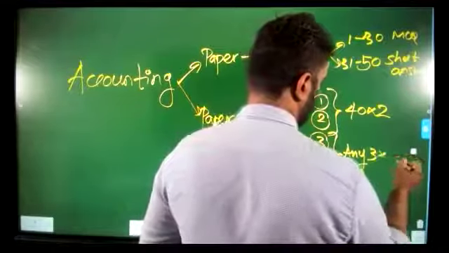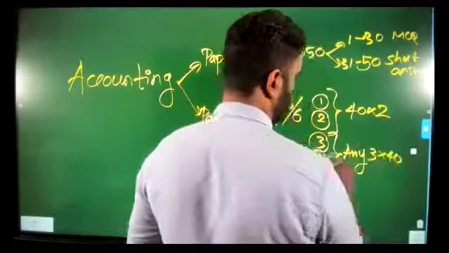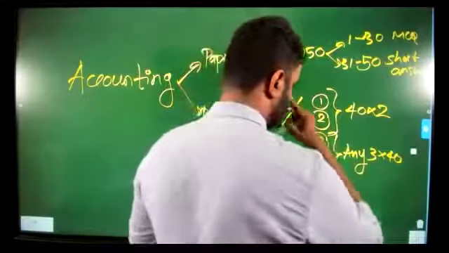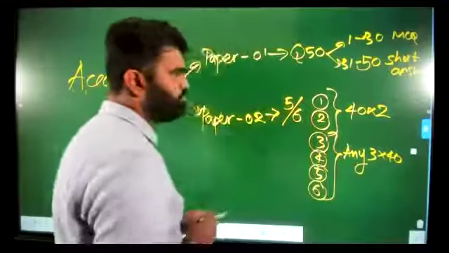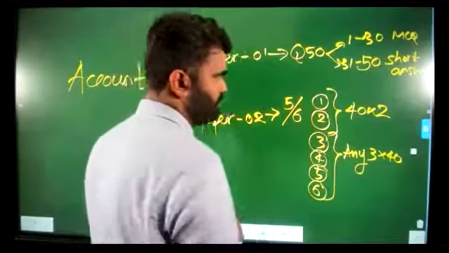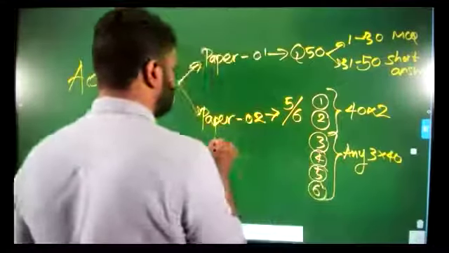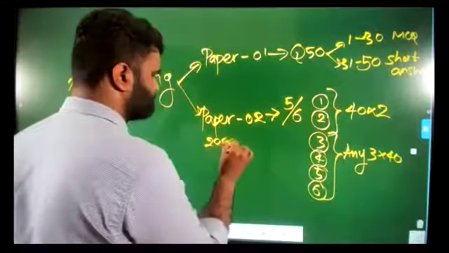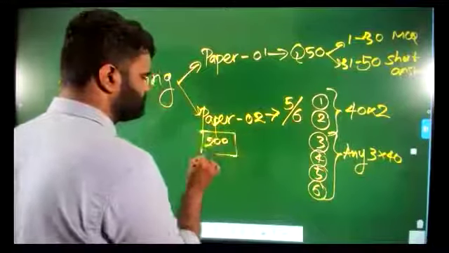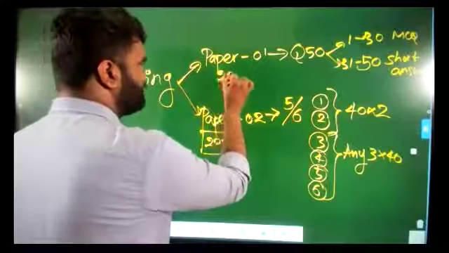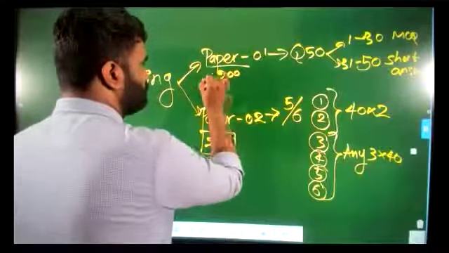Any 3 questions into 40, 120. So total 200 marks are given for this, for a 3 hours paper. You can have another 200 marks for the 2 hours paper.